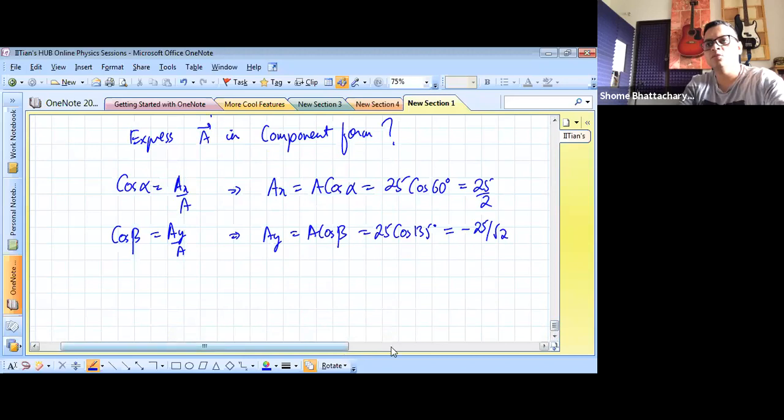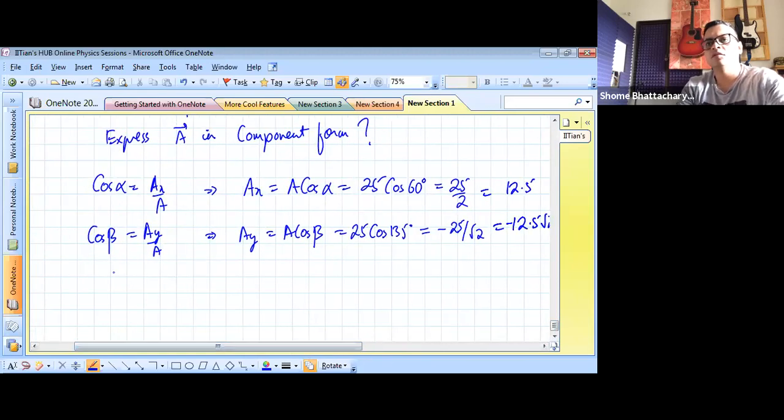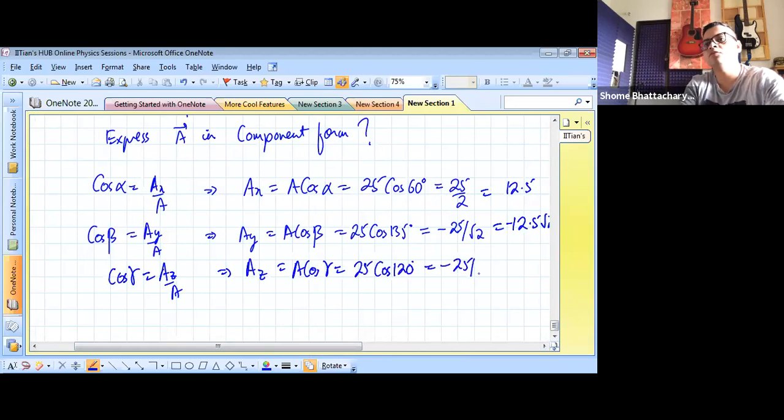So there are more ways you can write this also. You can write this as minus 12.5 root 2 also. Similarly, cos gamma will become minus 25 by 2, or minus 12.5.